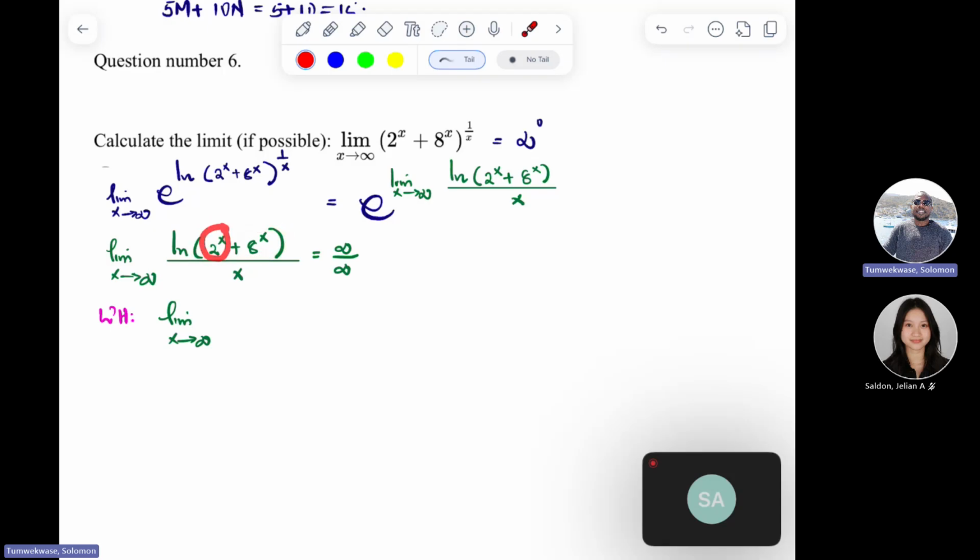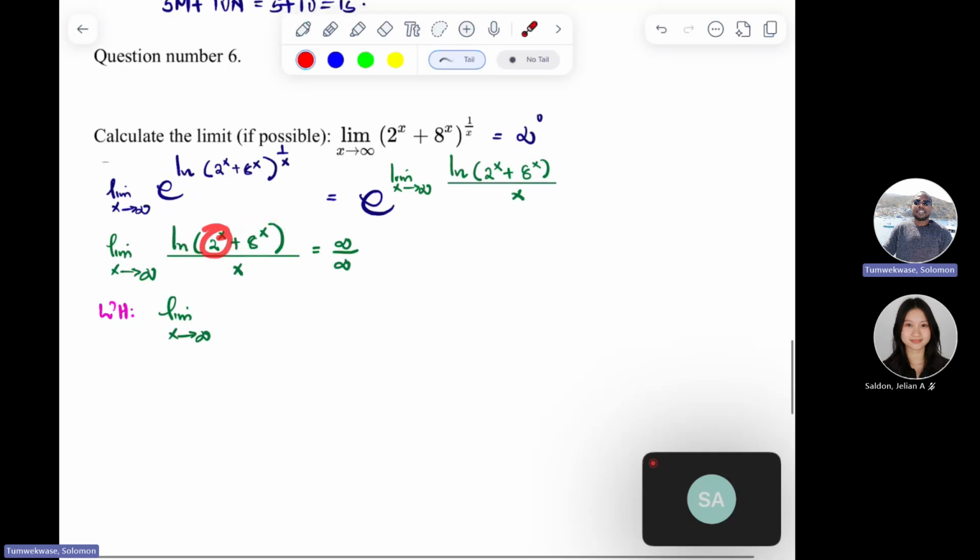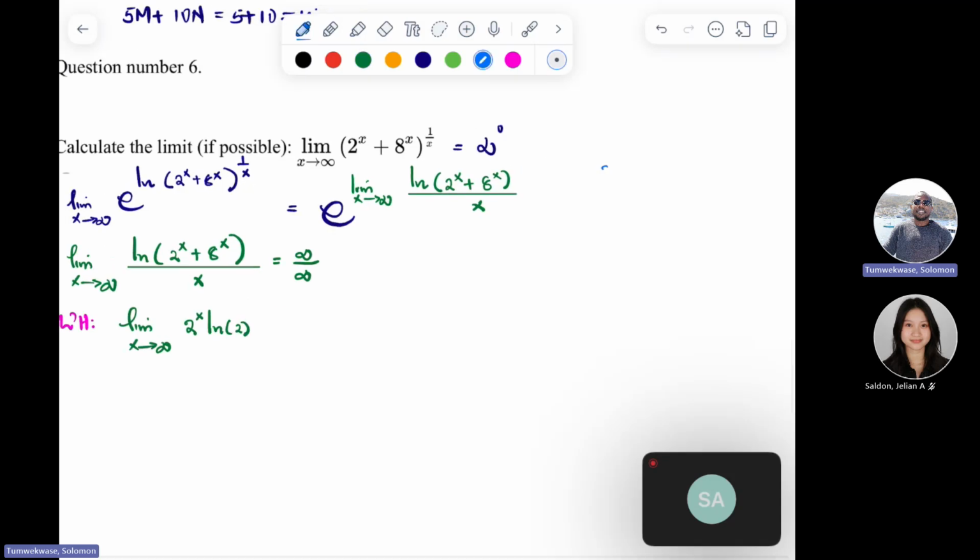We need to remember how to take the derivatives of this. I hope you remember that when I take the derivative of 2 to the x, I'll have 2 to the x, then times natural log of 2. Remember, let me remind you here, when I take the derivative of a to the x, then I get a to the x times natural log of a.